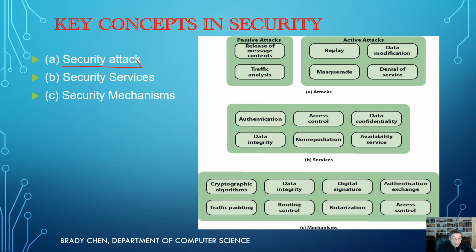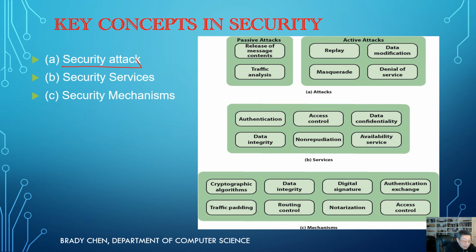Now, an active attack attempts to alter system resources or affect their operations. They aggressively change the data in your system or change the procedures and how the system actually performs its job. So these are two different types.